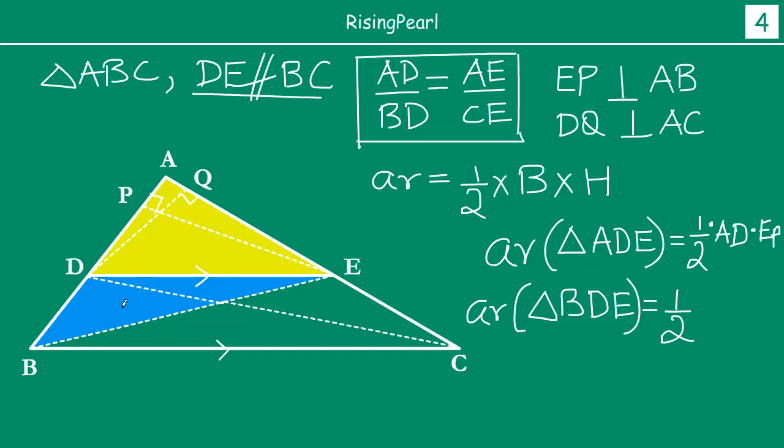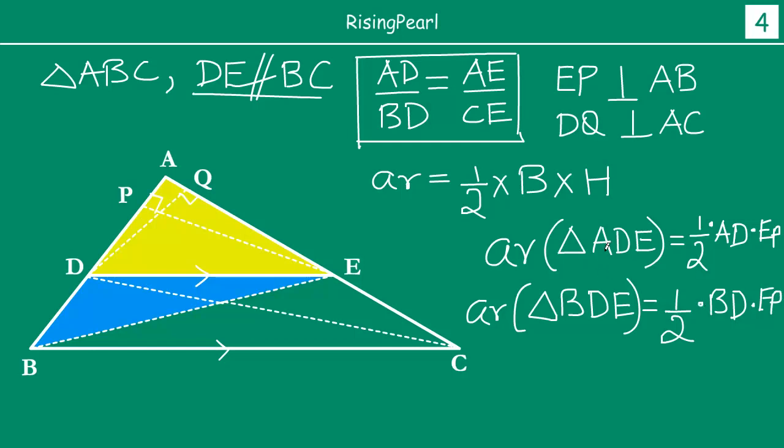So the area of triangle BDE is nothing but half times base BD times height from point E. Again EP is the perpendicular, EP.